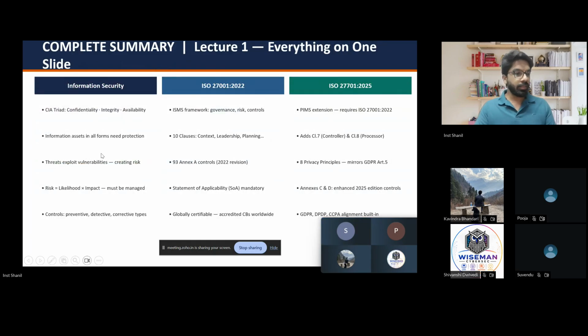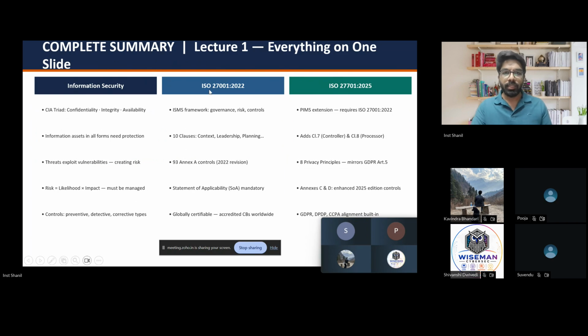So this is the final summary for today, whatever we have learned. A differentiator between ISO 27001 and 27701 on the basis of the CIA triad: confidentiality, integrity, and availability. ISO 27001 talks about the ISMS framework, information security. This one talks about privacy.